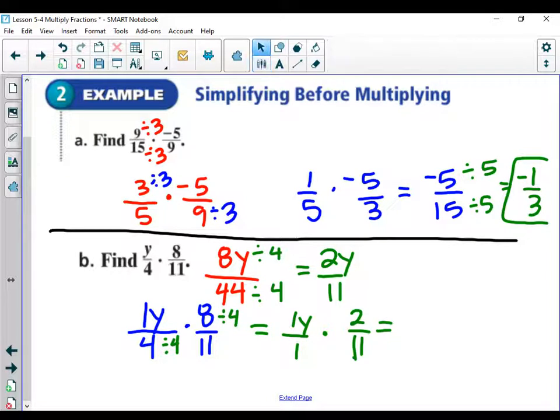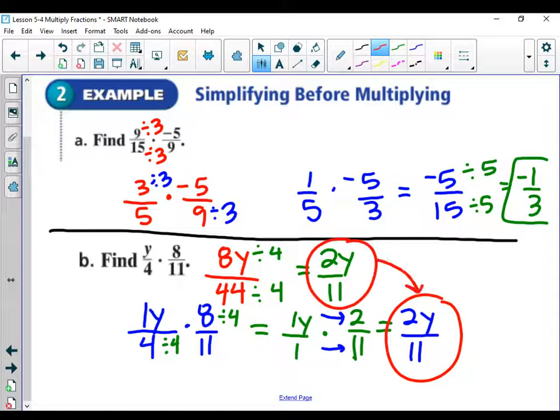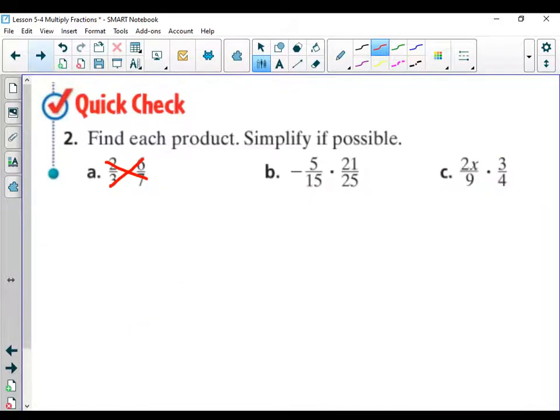Two times 1, 2 with a y. 1 times 11, 11. What? Same answer either way? Look at that math magic. Box 5 and 6, you are ready to pause and go.